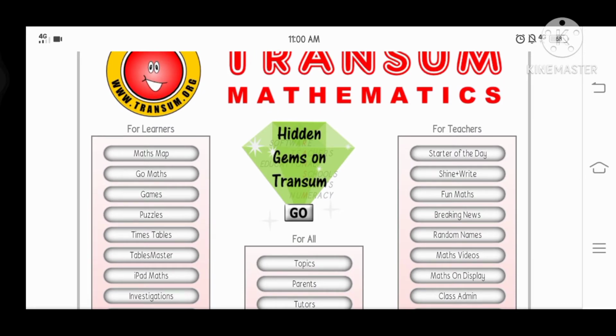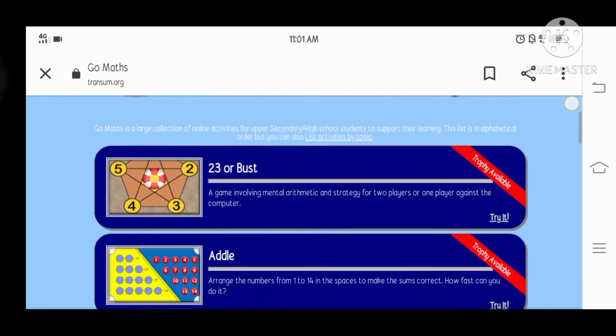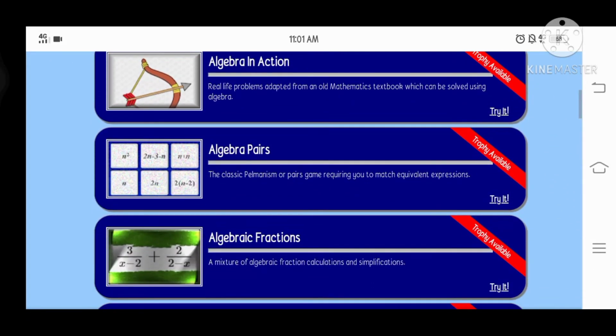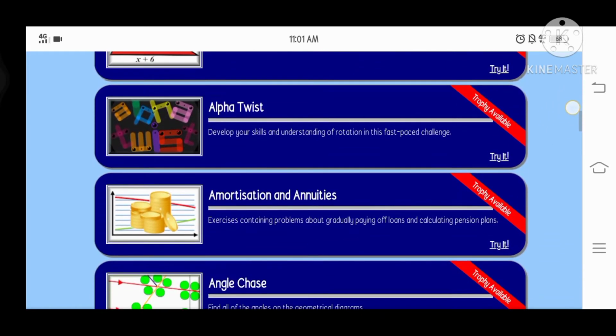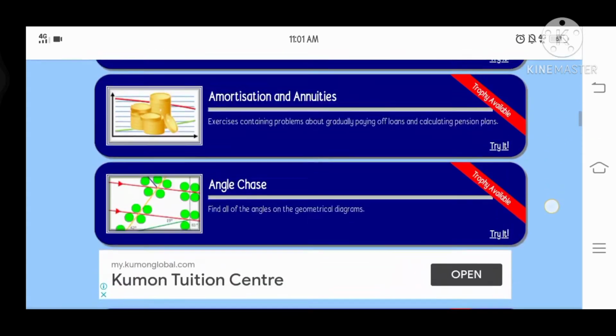For today's activity, you will go for GoMath. Once again, go for GoMath, and here you will see there are many activities related to our syllabus, some of them.